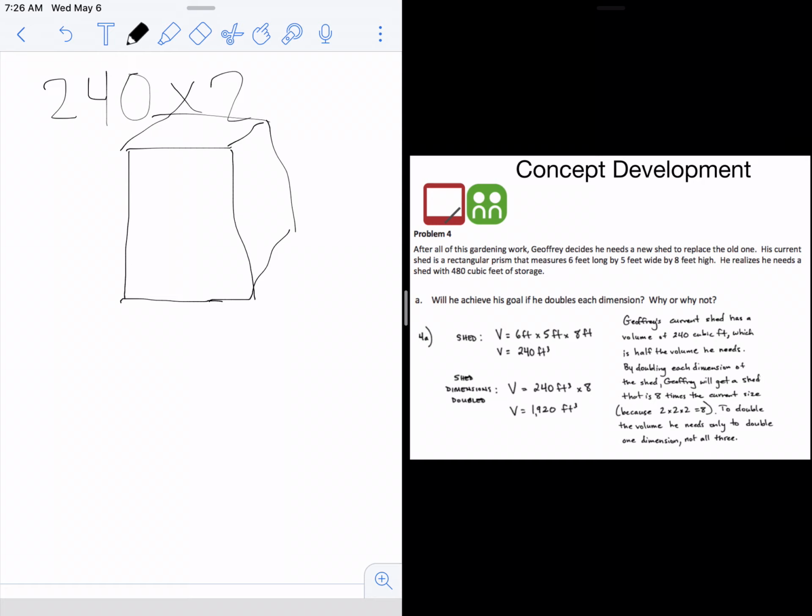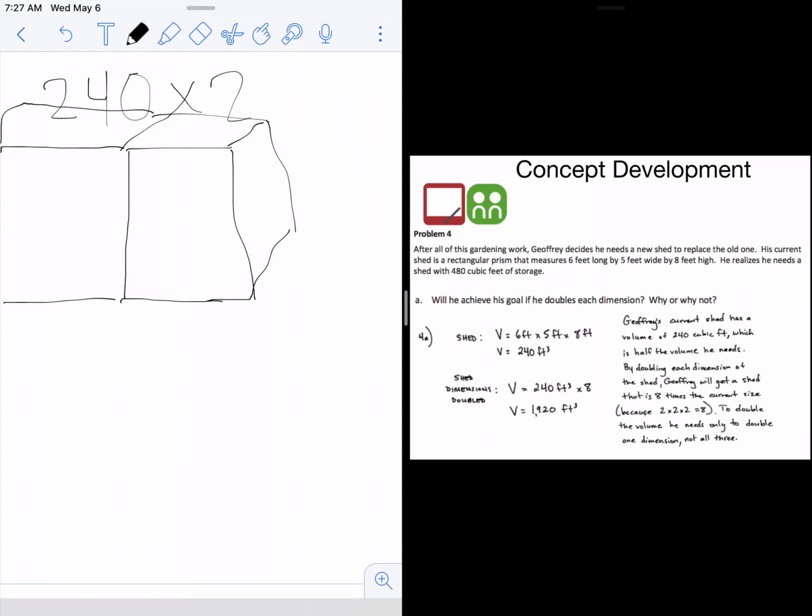okay? To double that, all he would need to do is put one right next to it, right? Or stack it on top of each other. So he would need another shed that is this big. Okay, next to it on the side.